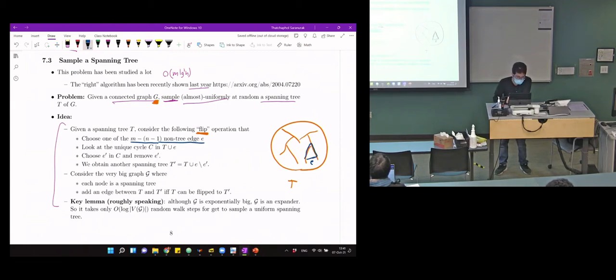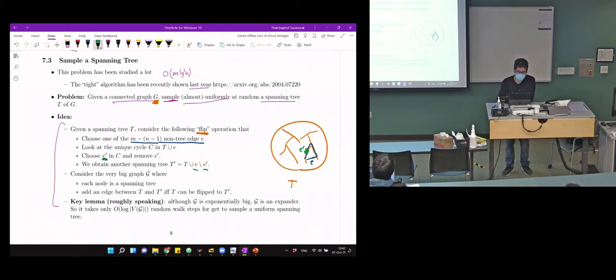Then you can choose any edge e' in the cycle and delete it. So if you add e and remove e', you get a new spanning tree. This is what I mean by a flip operation: add one edge, delete one edge in the cycle.